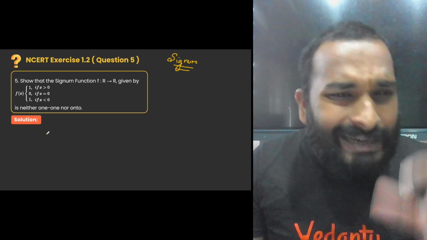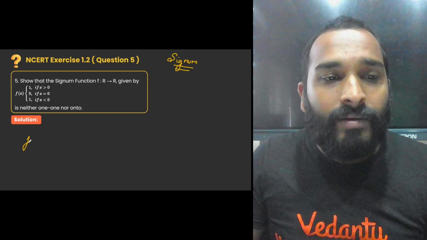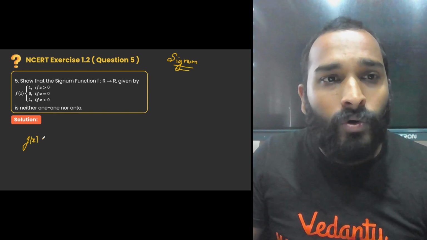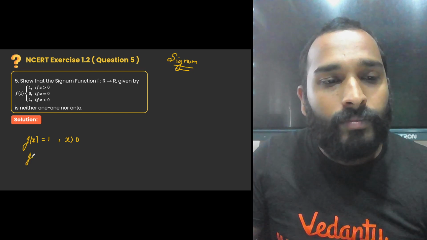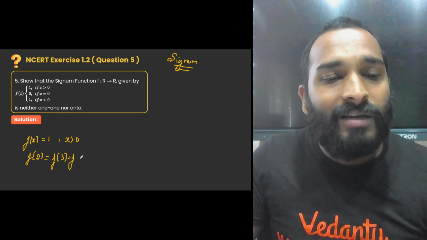See children, it's a clear simple problem. We know f of x takes the value 1 for every x greater than 0, that means f of 2 is equal to f of 3 equal to f of 4, right children?